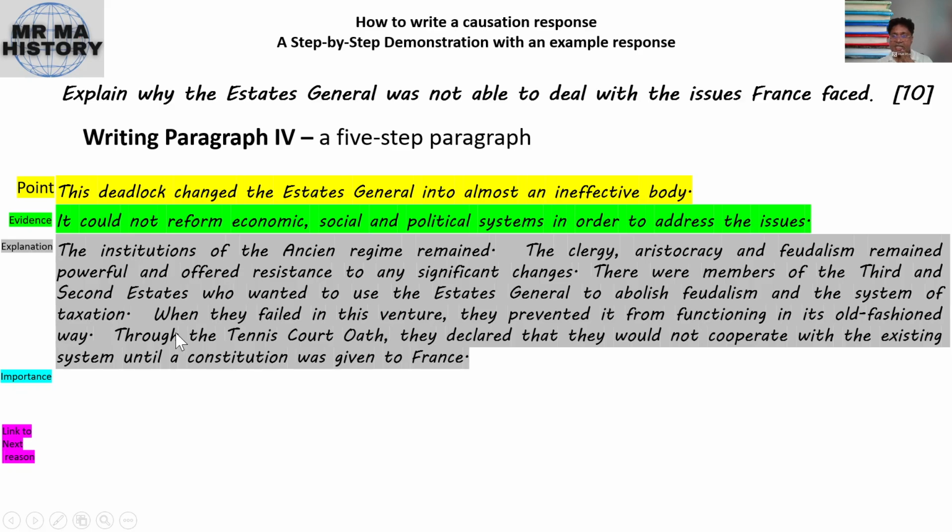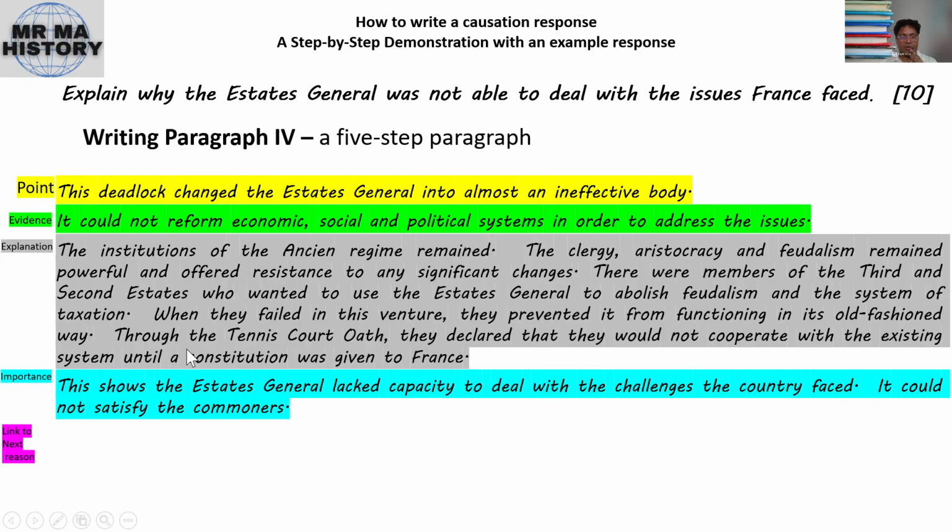So when the Estates General was not able to function in the old-fashioned way, that means it was no longer able to deal with the issues the country was facing. What importance does this reason have? This shows the Estates General lacked capacity to deal with the challenges the country faced. It could not satisfy the commoners. So this is the point that shows the importance.